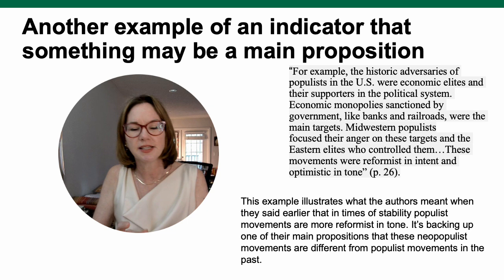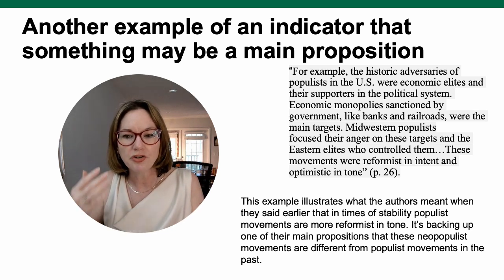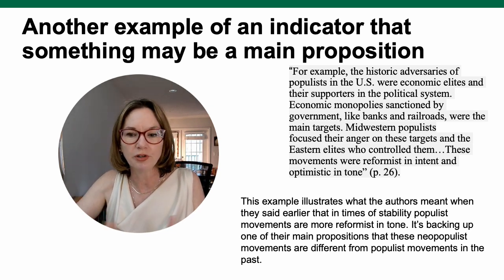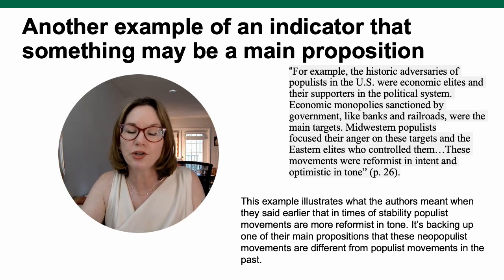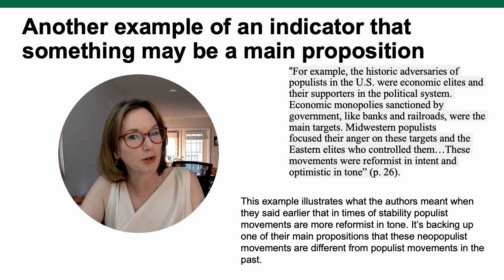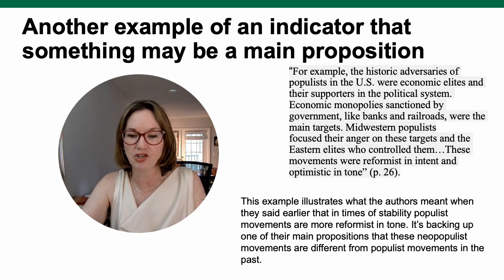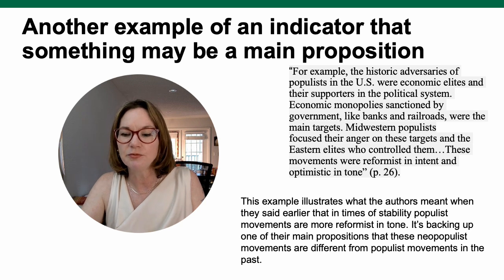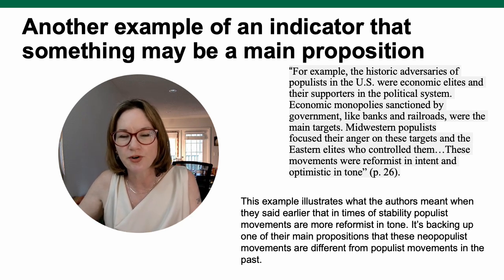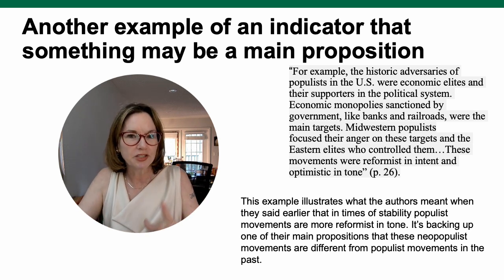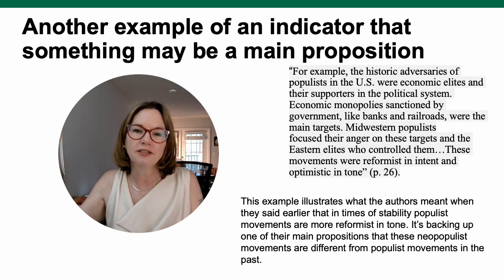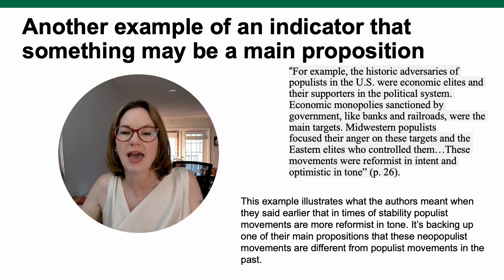So here's an example that you could notice because it says, for example, of something, that this may be in support of the main proposition. Now, the example itself is probably not the main proposition. The example is in support of the main proposition. In this case, the example is illustrating one of their key points about how populist movements of today are different from populist movements in the past.